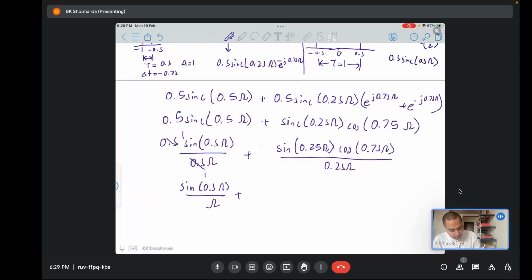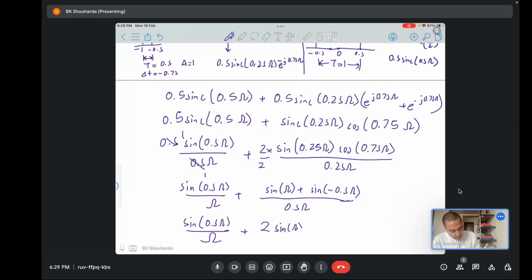So multiplying the denominator and numerator by 2, we have 0.5 omega, and here sine a plus b plus sine a minus b, and what do you get over here? Sine 0.5 omega upon omega plus the 0.5 comes over 2, sine omega upon omega minus 2 sine 0.5 omega upon omega.